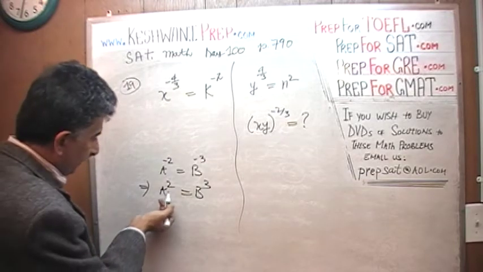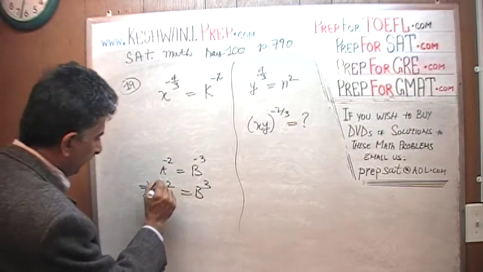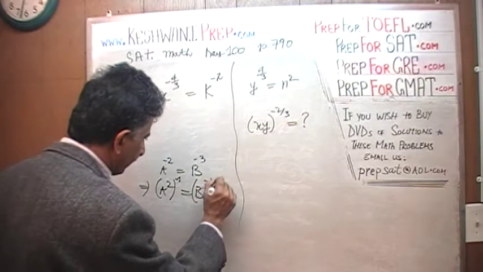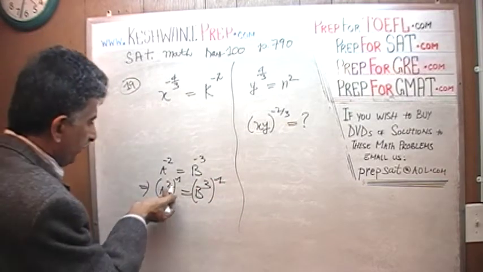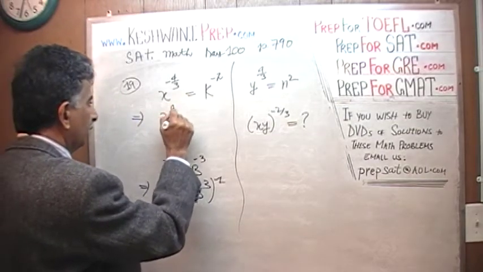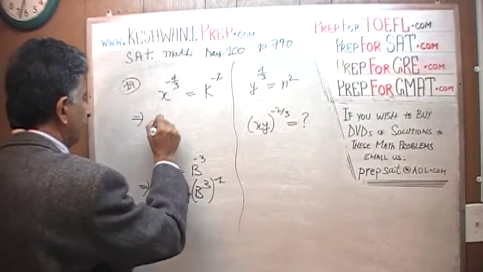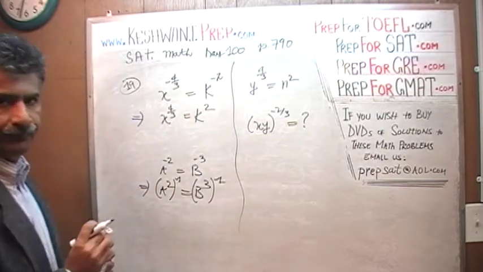Because basically we're taking this relationship and multiplying the exponent of this one by -1 and the exponent of this one by -1, which is perfectly legitimate. And if you do that, it will end up in -2 and -3. So this implies that x to the 4/3, that's the first part we have to understand, must equal k squared.